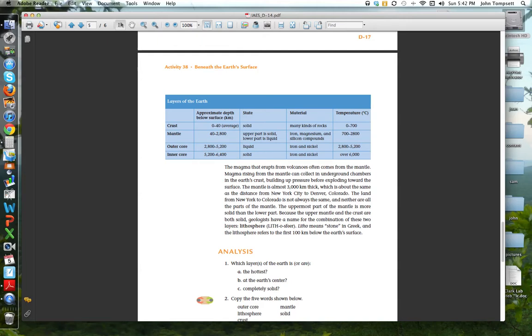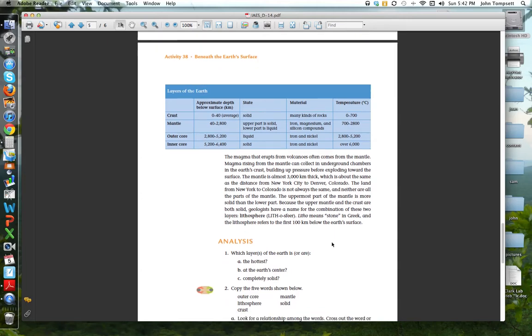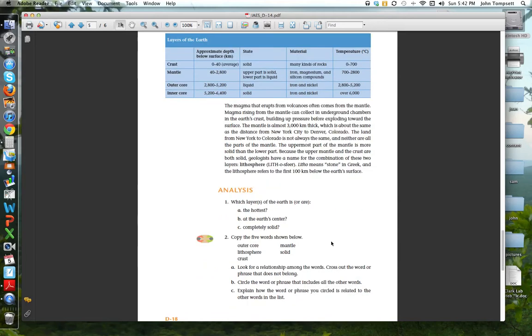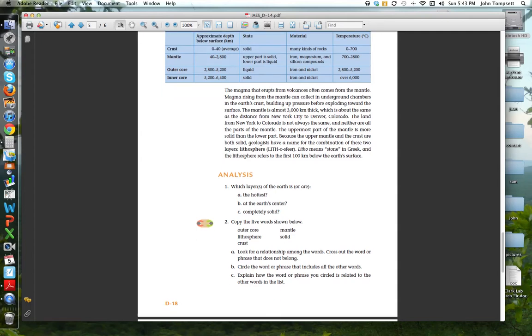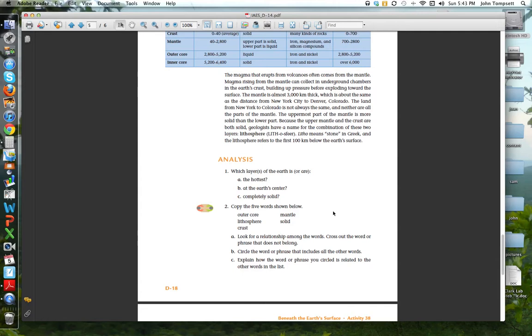So in the analysis portion of this activity, you are asked to identify which layers of the Earth are or is A, the hottest, B, the layer that's at the Earth's center, and C, the layer that is completely solid. Number 2, it's asking you to copy the 5 words shown below. You can see all 5 of them.